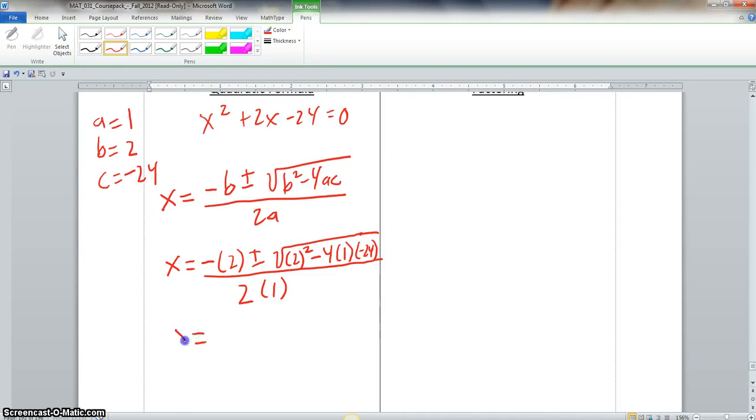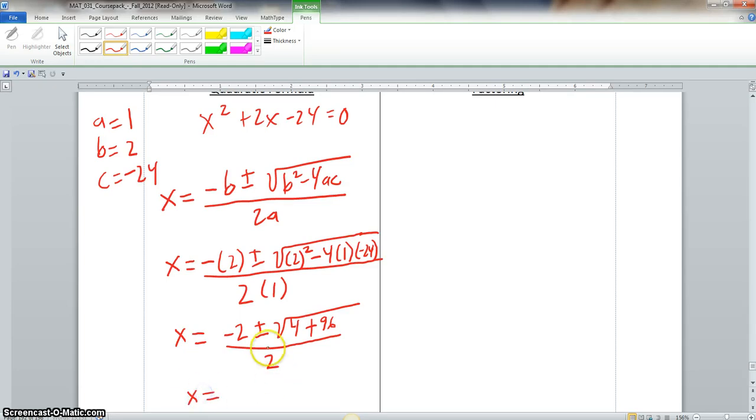Okay, so now we have negative 2 plus or minus the square root of 2 squared is 4, and then we have minus 4 times 1, which we know is minus 4, times a minus 24, which will give us a positive 96. And that's all over 2 times 1, which is 2.